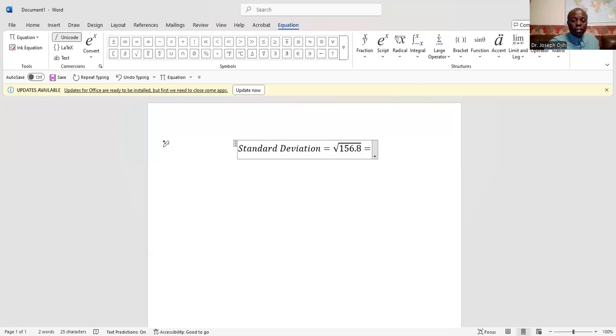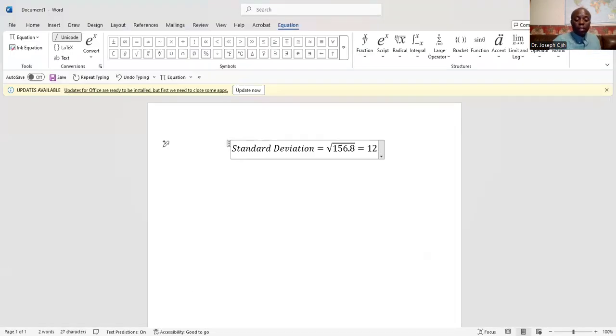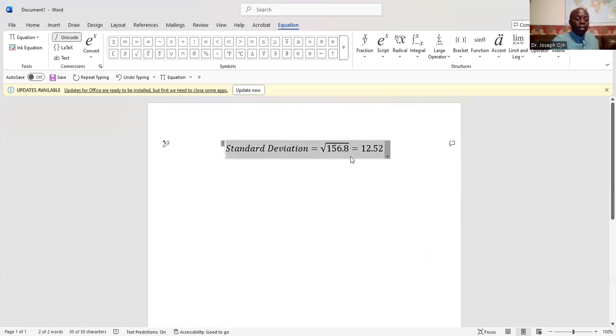The square root of 156.8 is 12.52. Come put it here. I'm going to copy this and paste it in your memo book.